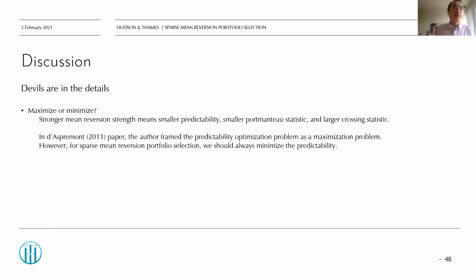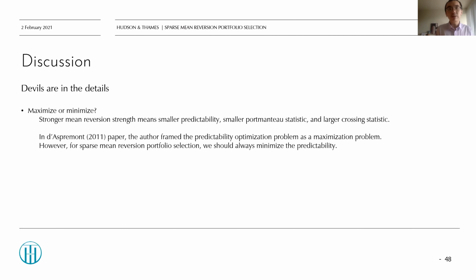Actually, in the paper, there is another detail that is often ignored. After introducing the predictability, in the remainder of the d'Aspremont paper, the author kept mentioning maximizing the predictability, which is contradictory.